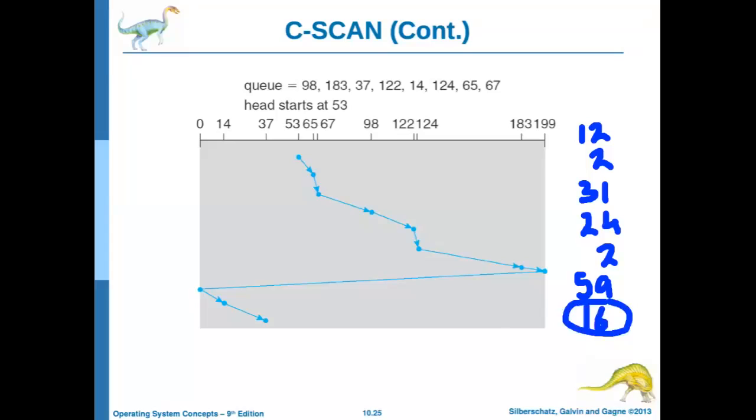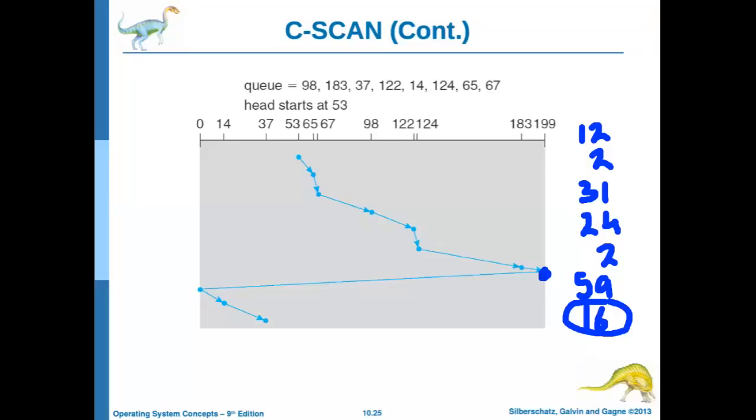Now the important question is, because we have now reached one end, rather than reversing the direction, because if you reverse the direction, we need to move from 199 to say 37. That is how the scan algorithm works.